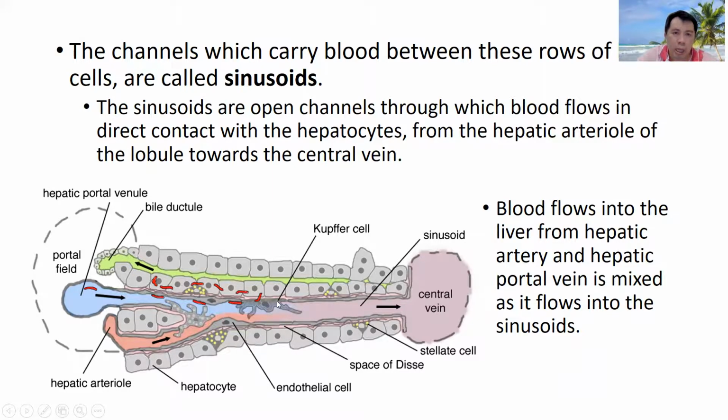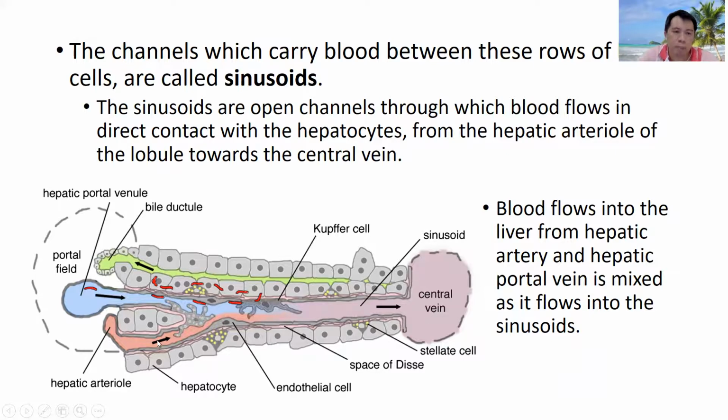So the sinusoids are open channels through which blood flows from the hepatic portal vein and the hepatic artery, and they have direct contact with the hepatocytes for material exchange, towards the central vein.